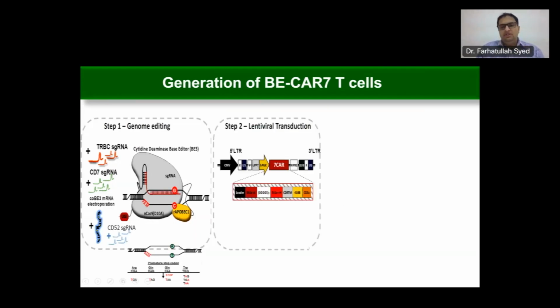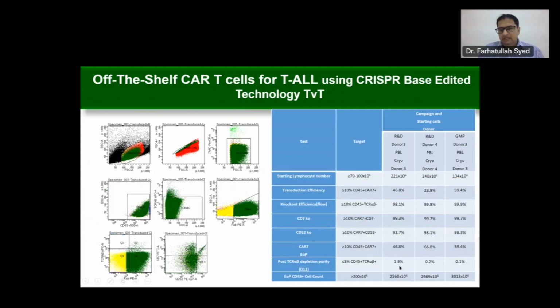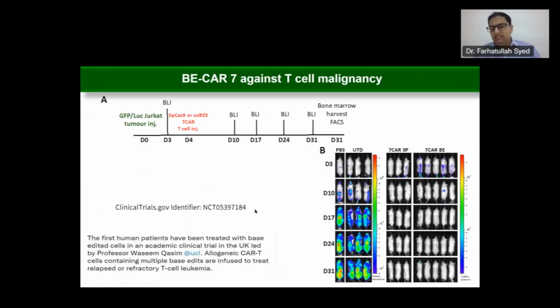We generate CAR T cells which are knocked out for multiple effectors like CD52 and CD7, by introducing a single premature stop codon in their sequences precisely. We were able to generate extremely ultra pure CD7 CAR T cells, and this clinical trial is ongoing. We have treated two patients so far, I think, at UCL.